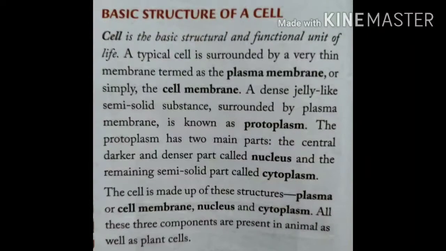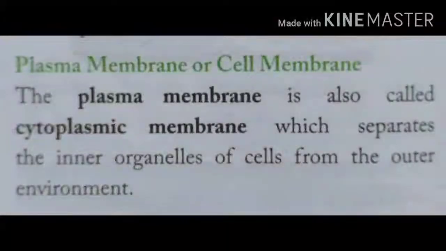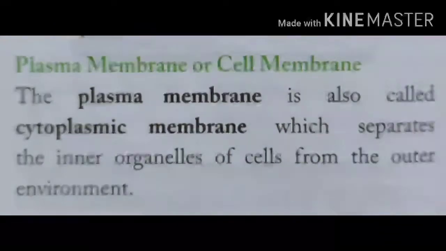And next, moving to the plasma membrane or cell membrane. The plasma membrane is also called cytoplasmic membrane, and it separates the inner organelles of the cell from the outer environment. Another name for plasma membrane is cell membrane, and it is also called cytoplasmic membrane.